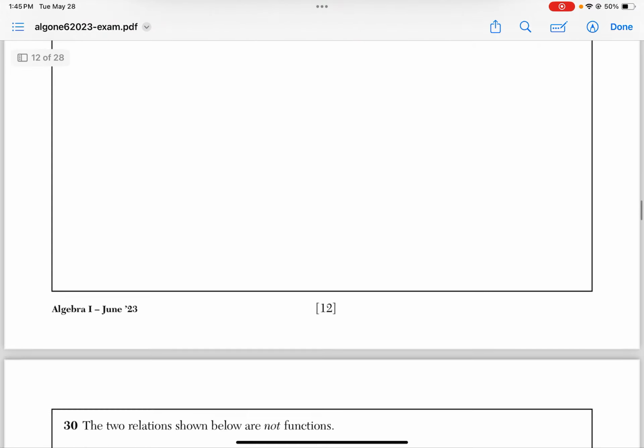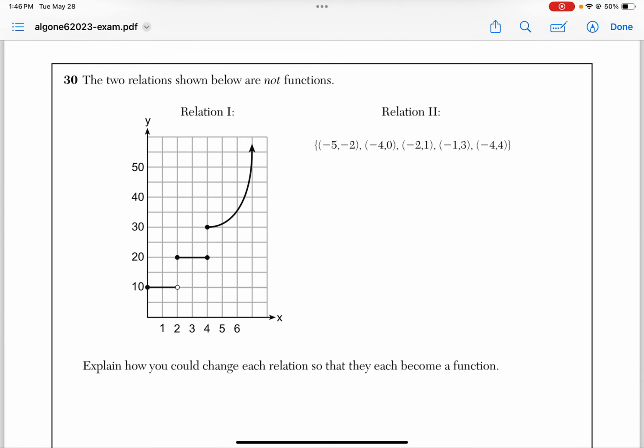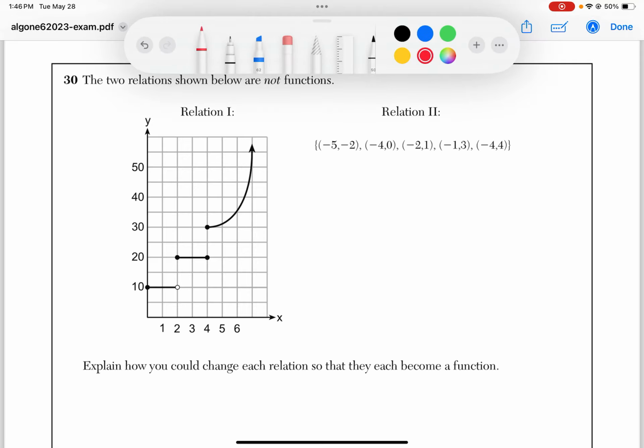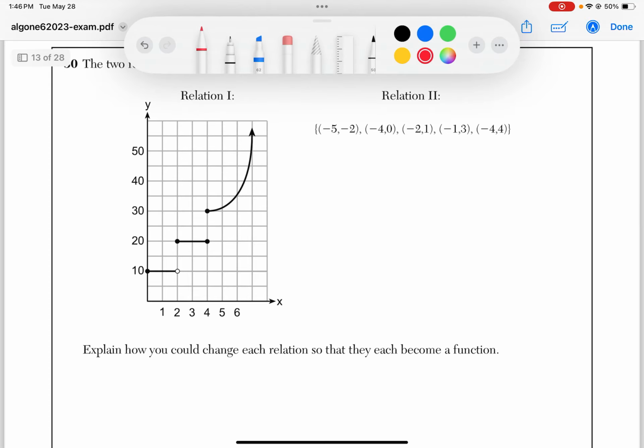Moving on. Number 30. Both of these relations are not functions. How could we change each so that they become a function? Well, first of all, why are they not functions? If you remember, functions cannot have one input giving multiple outputs.